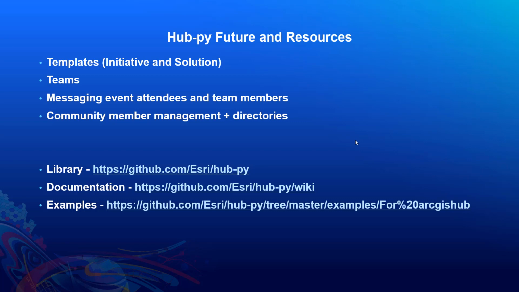And to conclude, I'd like to leave you with a few resources. Here's a URL to the library. You can, as I first showed, install and upgrade hub.py very easily, and the pip install command is provided right here in the library's readme.